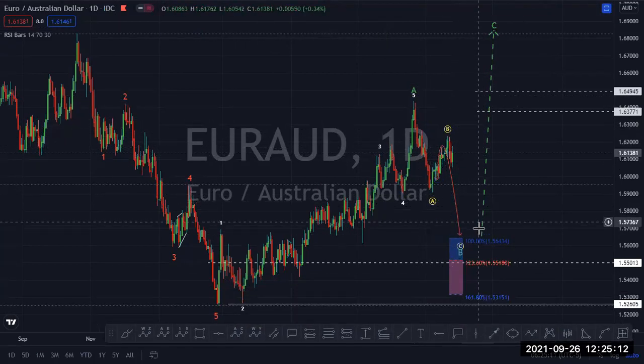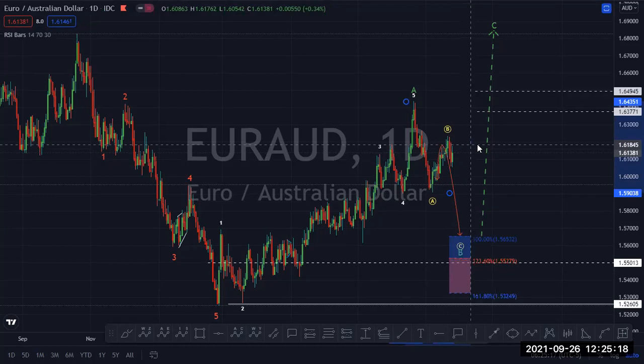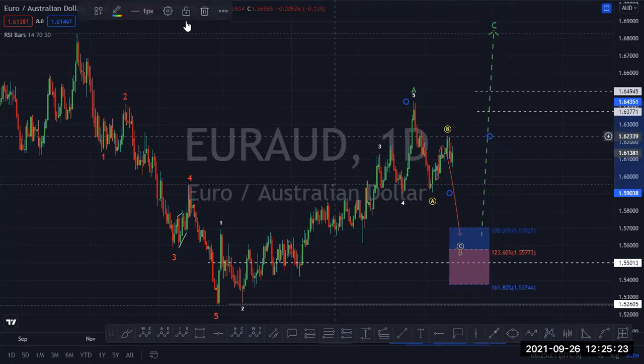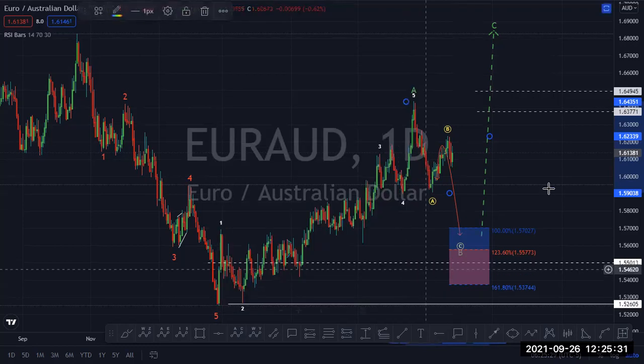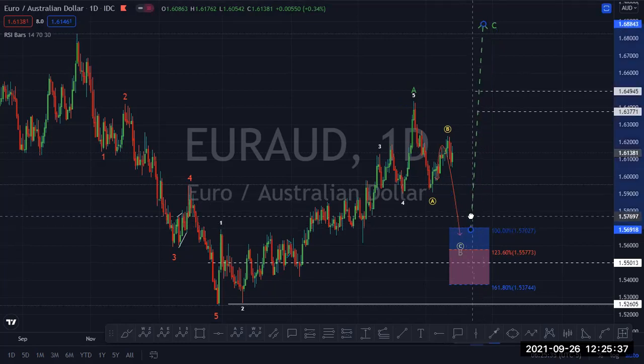A, B, C. A move that will take us a move that take the price down to this level before we now begin to buy.